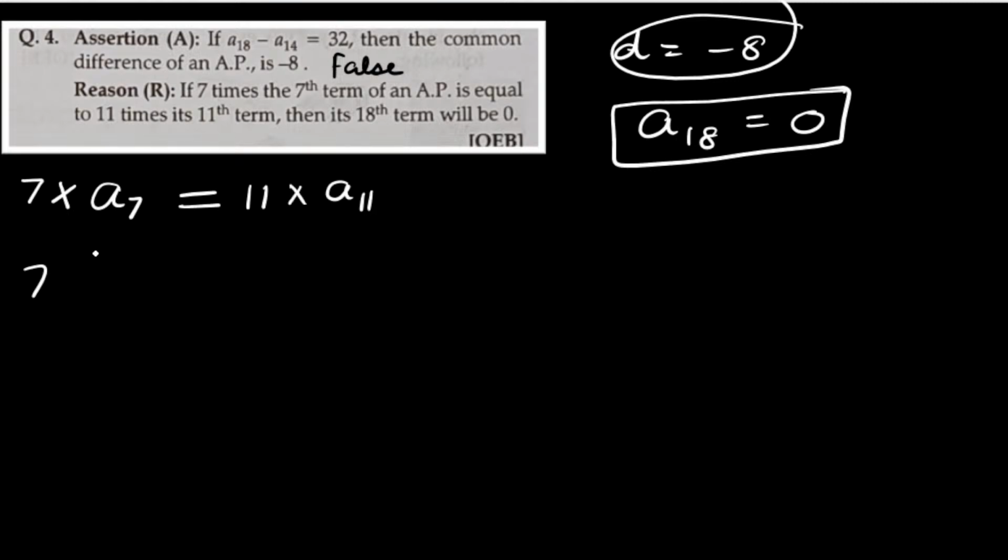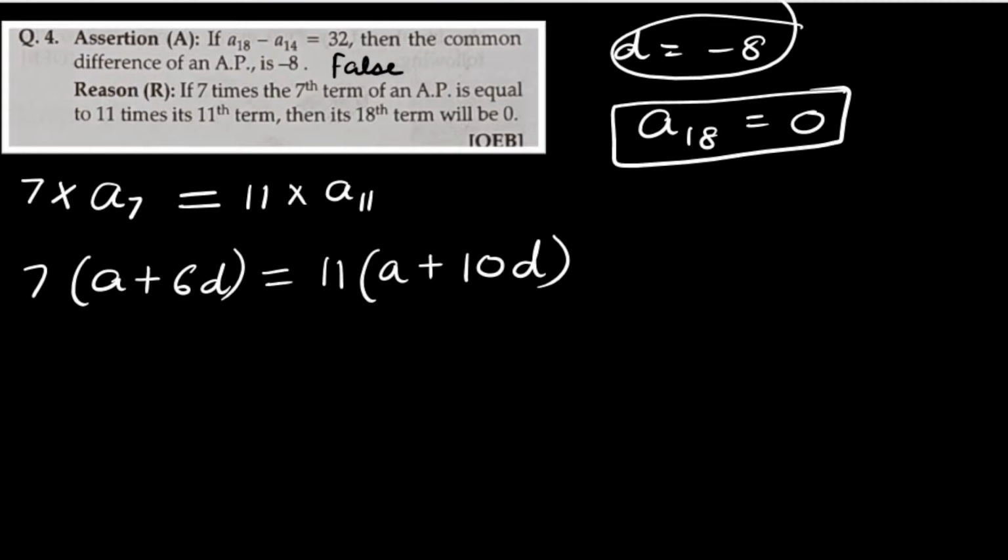So 7 into A7, whose formula we can write as A plus 6D. Direct formula I'm writing: A7's formula is A plus 6D. 11 into A11, whose formula is A plus 10D. Let's simplify this thing. Bracket multiplication here we can do.